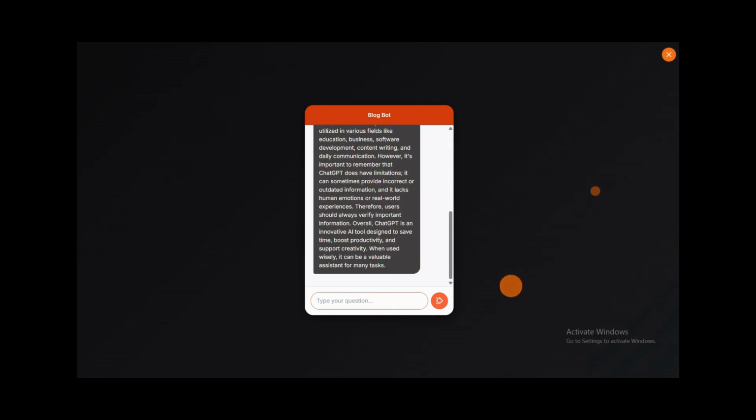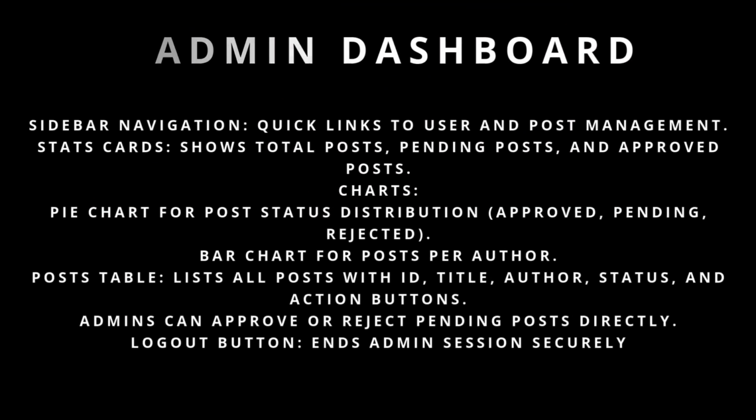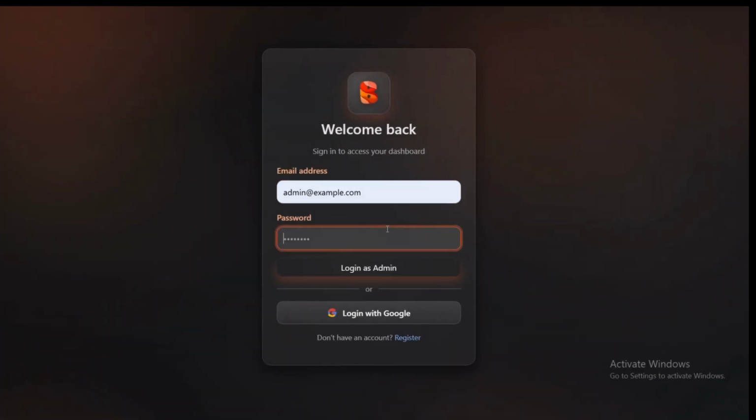So, to summarize, BlogSphere provides a wide range of features including secure authentication, post management, admin controls like comments, and real-time chat with an AI chatbot. It is built using powerful backend and front-end technologies like Java, Spring Boot, MySQL, HTML, CSS, and JavaScript.